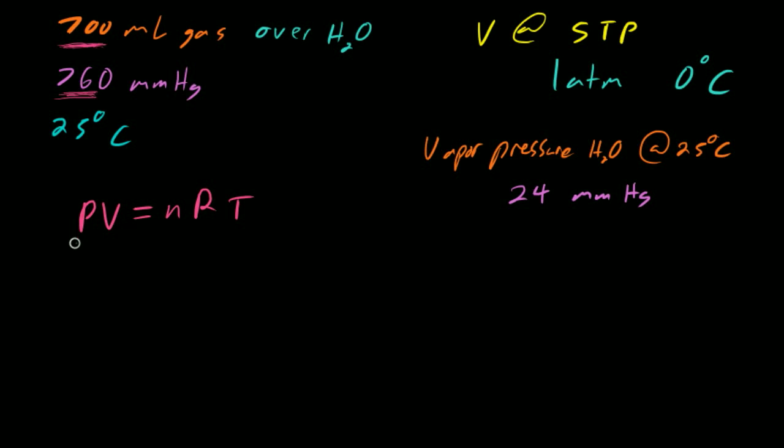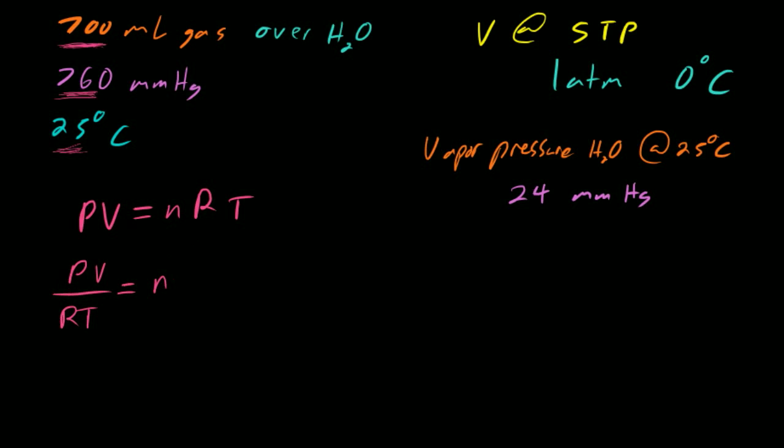We know the volume, we know the pressure, we know our constant R, and we also know our temperature. So we can solve for the number of moles. PV over RT is going to equal the number of moles.